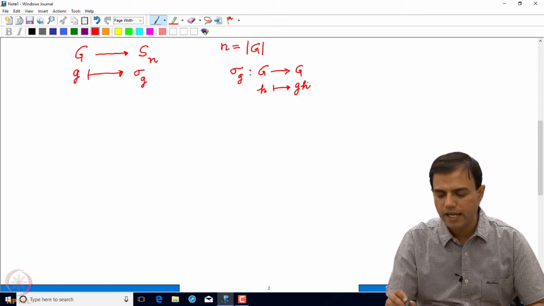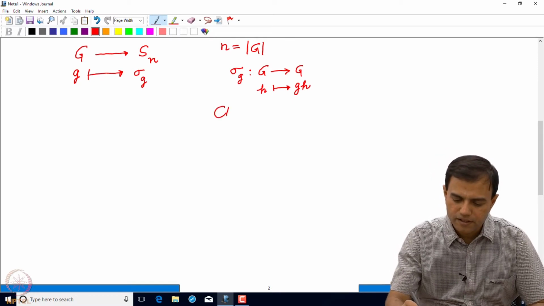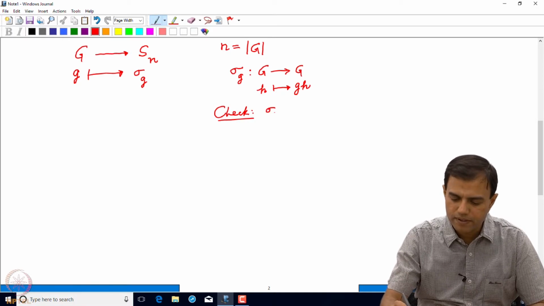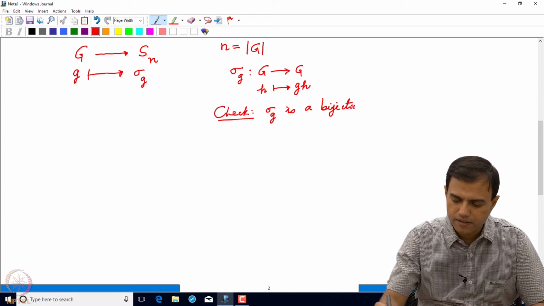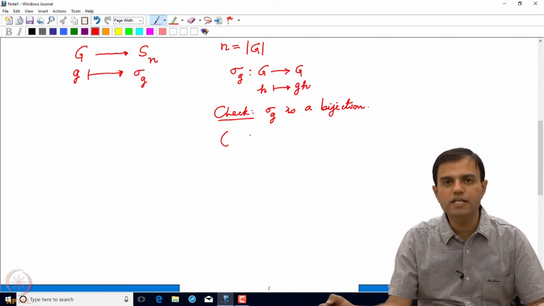You just multiply by g from the left side, and it's clear that as a set map, sigma g is a bijection. How do we see that? It's just the cancellation property. It's just left cancellation.